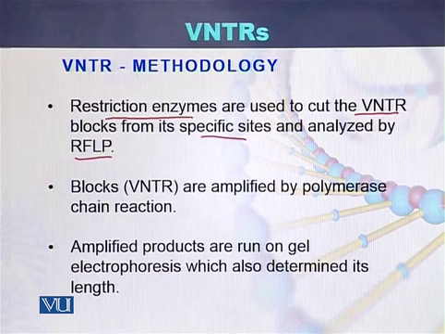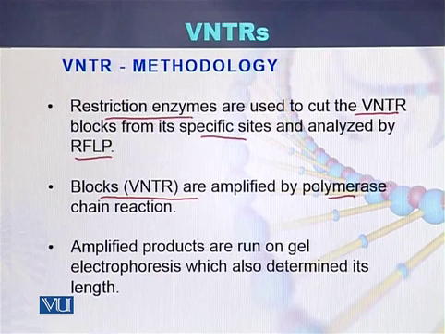restriction fragment length polymorphism. The blocks called VNTR are amplified by a technique called polymerase chain reaction. The amplified products are run on gel electrophoresis, which also determines the length of the VNTRs.